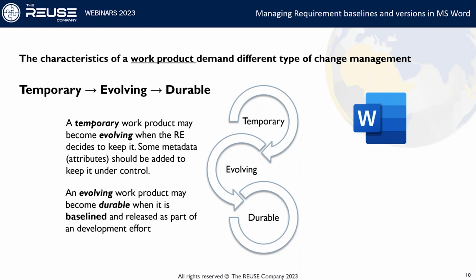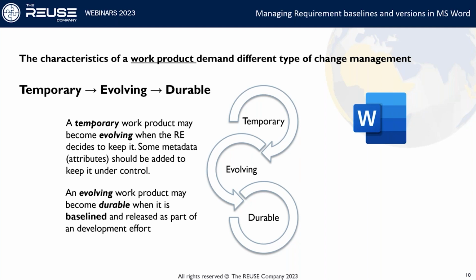So you might want to add attributes, and the first attribute is probably to add a requirement ID to the requirement, or who is the owner of the requirement, and attributes like that. So that the highly temporary work product, which could be an idea, will evolve to a requirement, will then evolve to something you would like to keep.